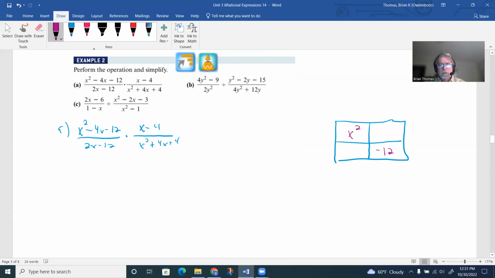Since the coefficient of x squared is 1, all I have to do is focus on the factors of negative 12 that give me the linear term's coefficient, negative 4. So again, we have a 1 and a 12, a 2 and a 6, and a 3 and a 4. It looks like the best potential really is this 2 and 6.